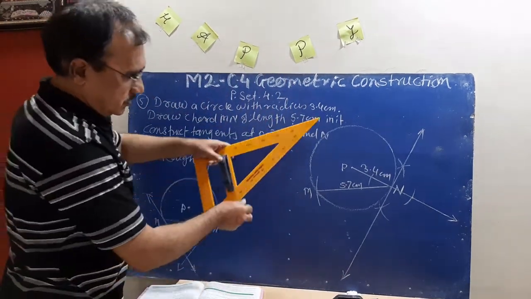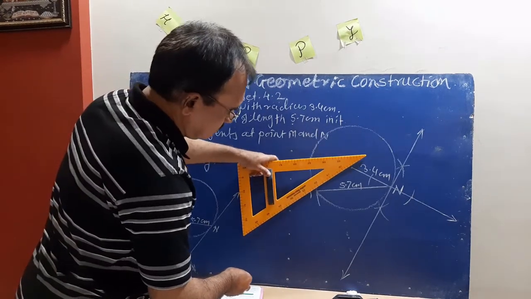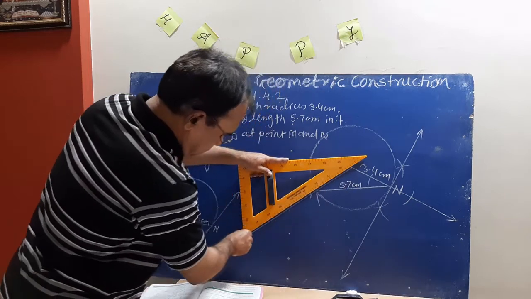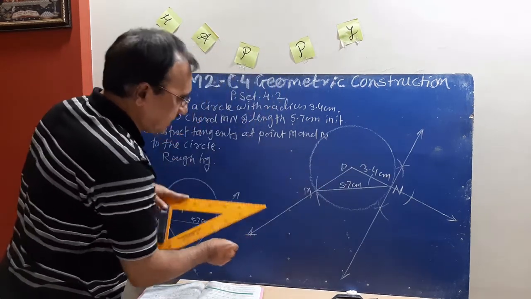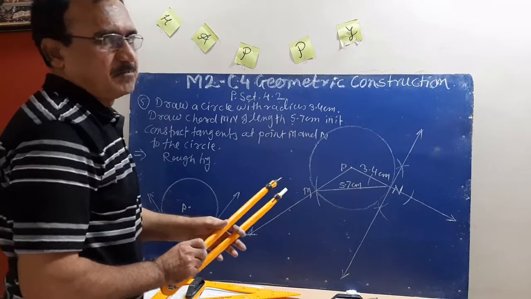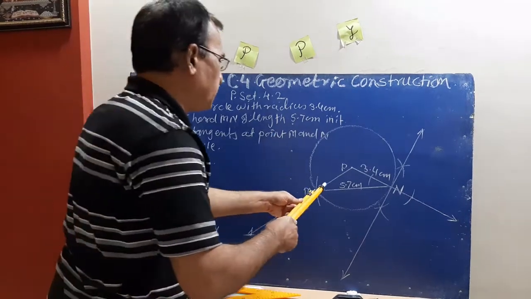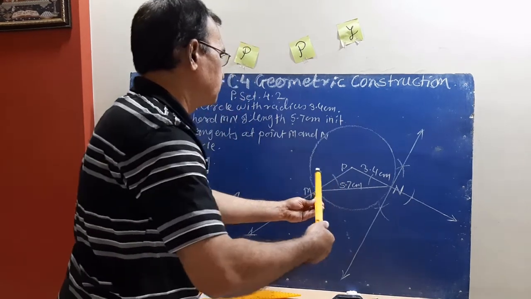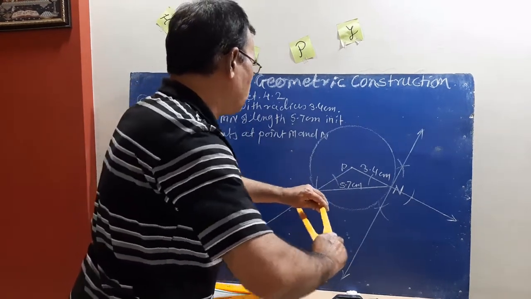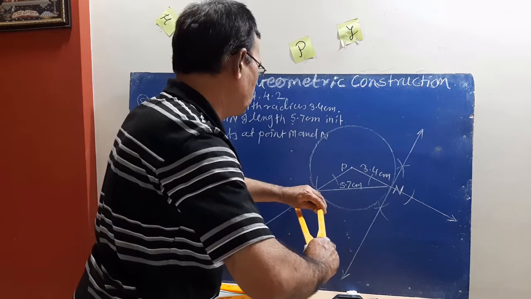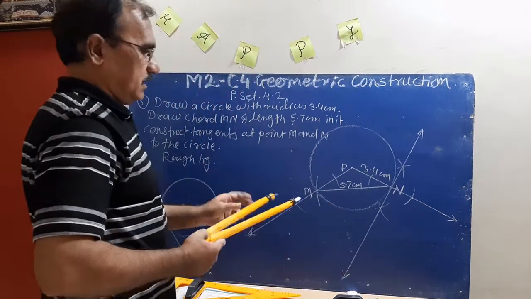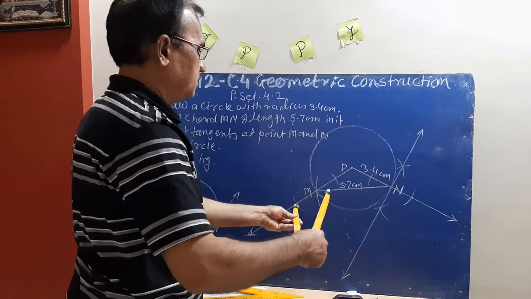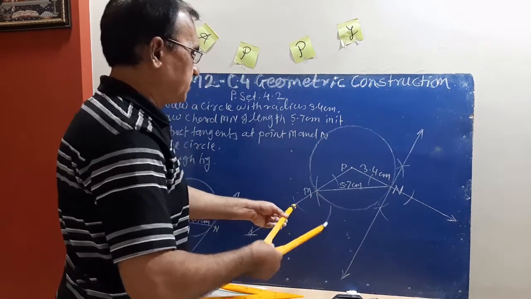Similarly, we can construct here by using center. Extend this ray. Same procedure. Put the pointer on point M, take a convenient radius and draw arcs on both sides of point M. Then again take more than half radius, draw arcs on both sides of this ray.